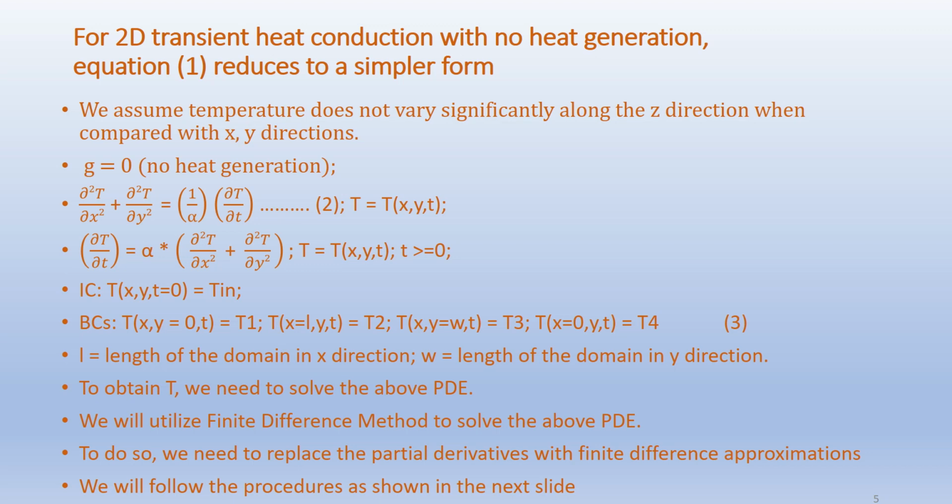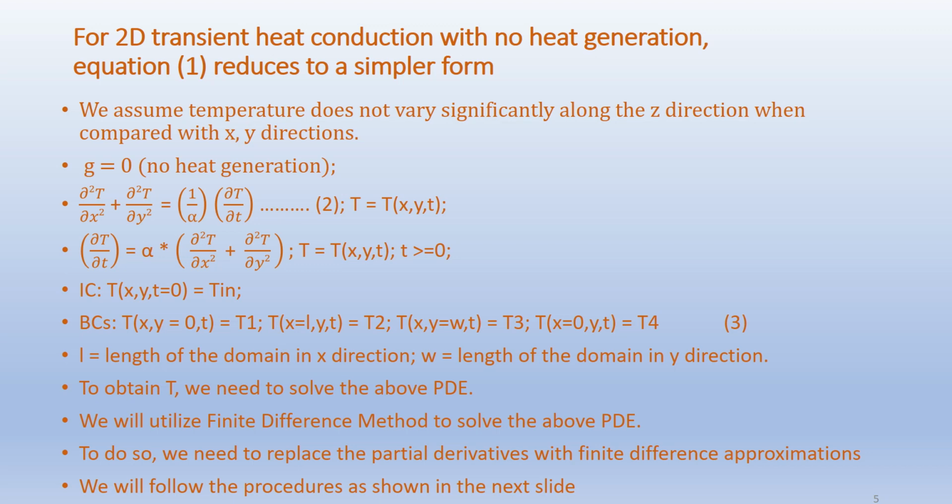The initial condition is given as T at x, y, t equals 0 equals T initial. The boundary conditions are T at x, y equals 0, t equals T1, T at x equals L, y, t equals T2, T at x, y equals W, t equals T3, T at x equals 0, y, t equals T4.